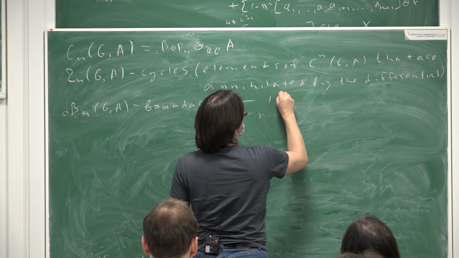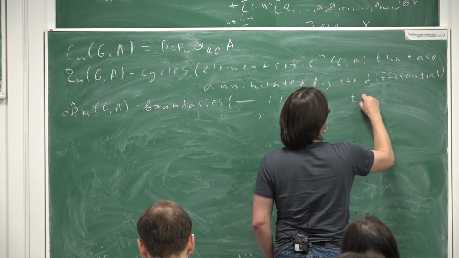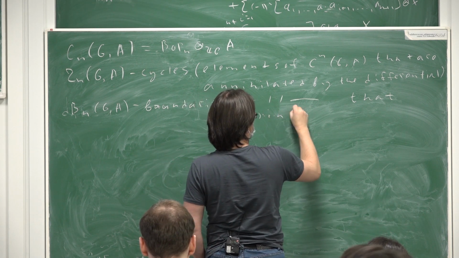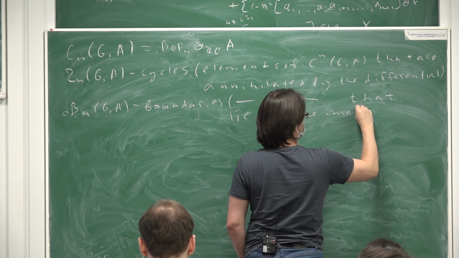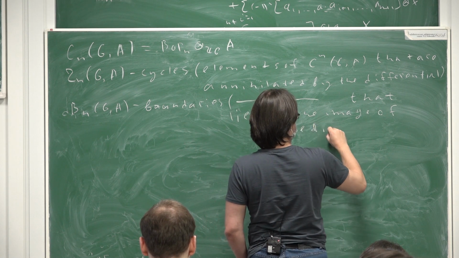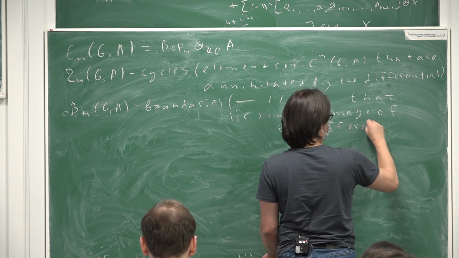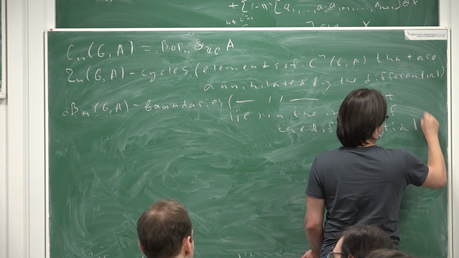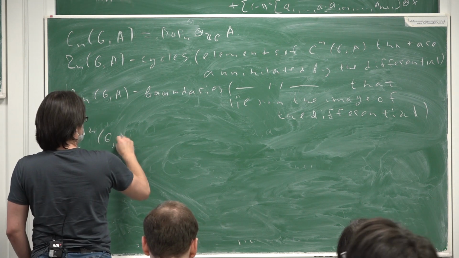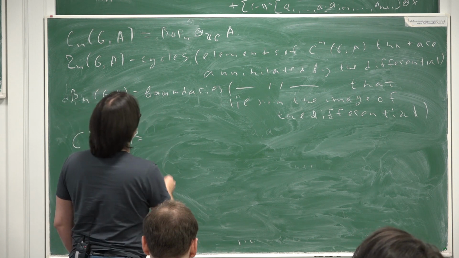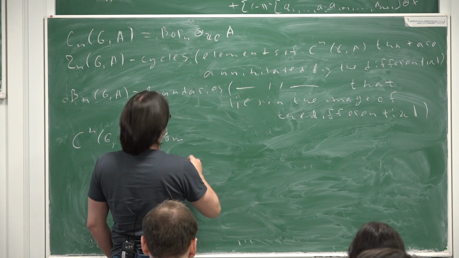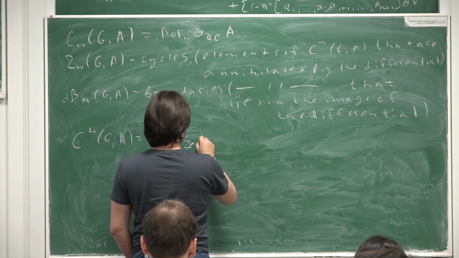So elements of Cn that lie in the image of the differential. And analogously we will denote by Cn(G, A) the nth term of the complex Hom(bar, A).